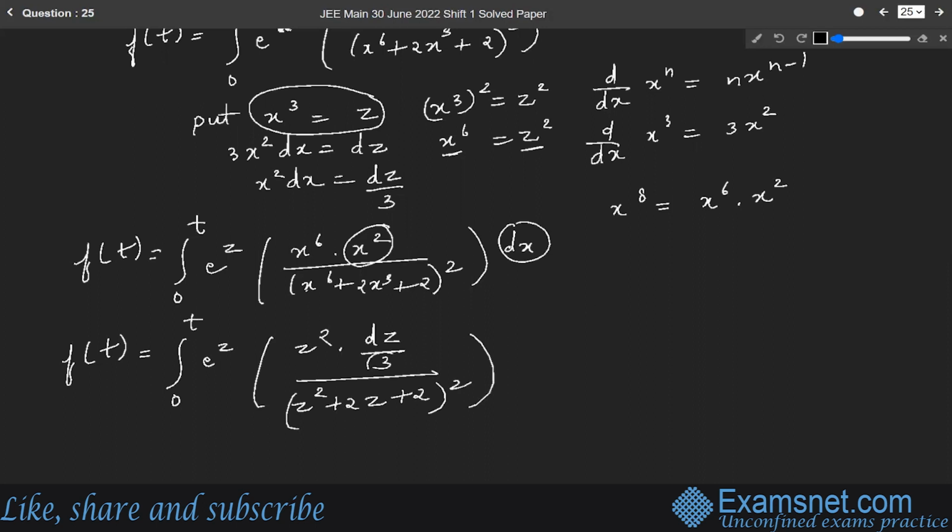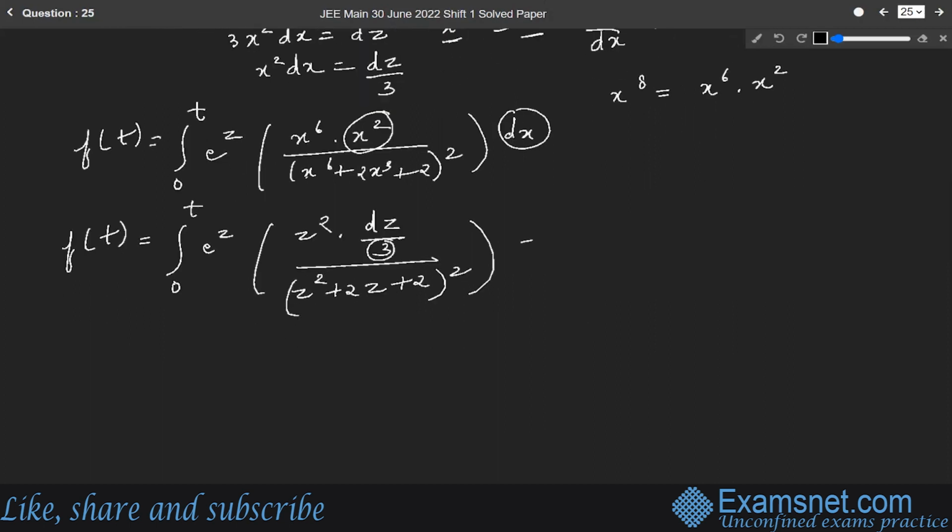Now let us take this 1 by 3 outside. So 1 by 3 integral of 0 to t e power z into z² dz divided by z² plus 2z plus 2 whole square.